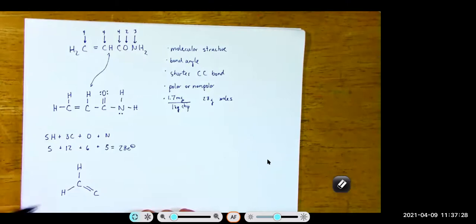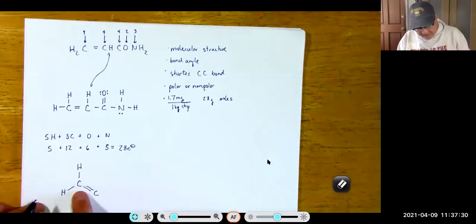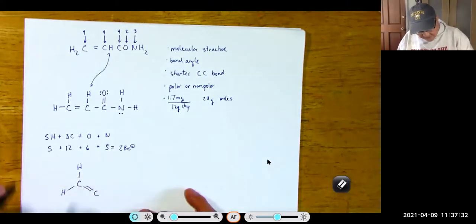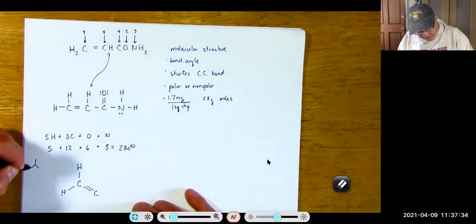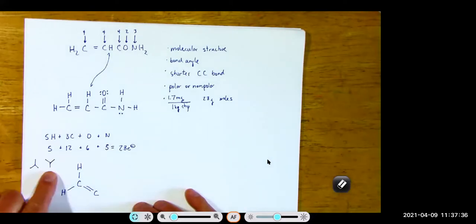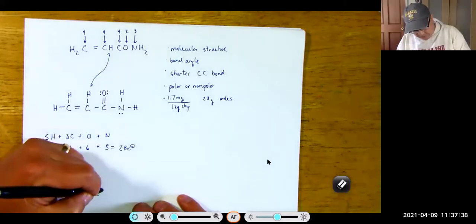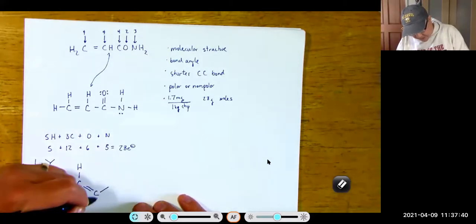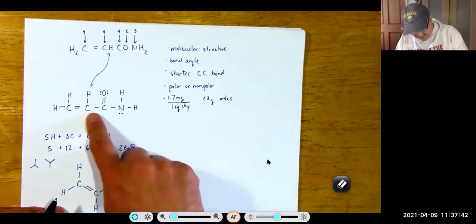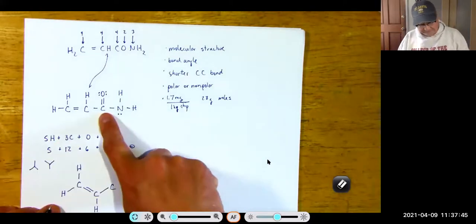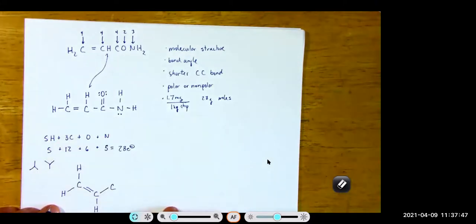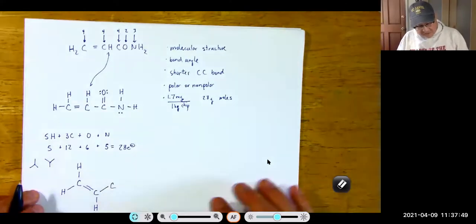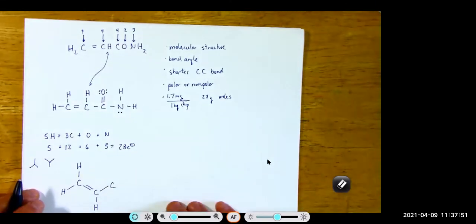A propeller, but here we're going to have to draw it like this instead of like this, because they have to be separated from each other. I'm going to do the hydrogen down here and this carbon over here. What's this carbon supposed to look like? Also a propeller, right? Yeah.